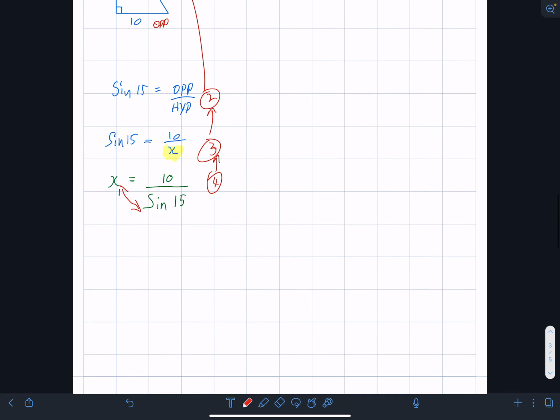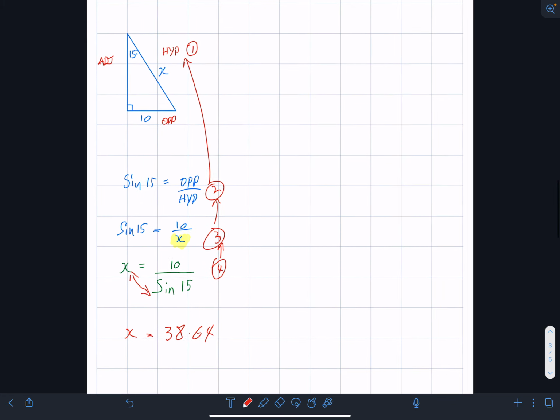Okay, and step 5 on this one will become 10 divided by sine 15. So that will become 38.64. And so that's our length there.